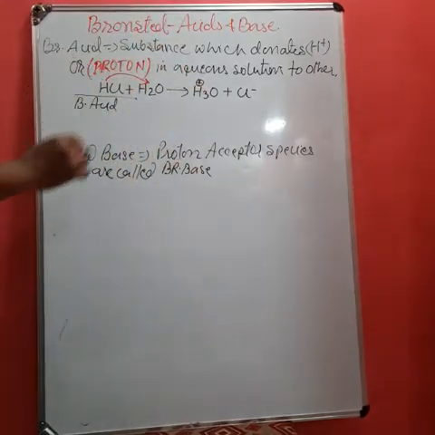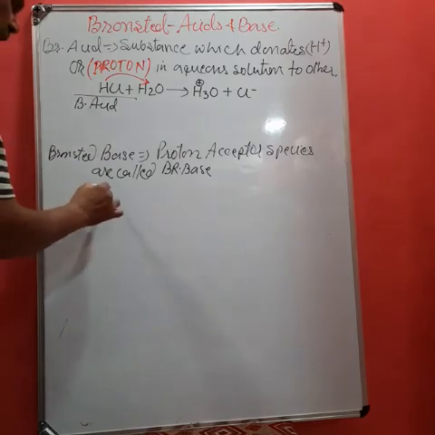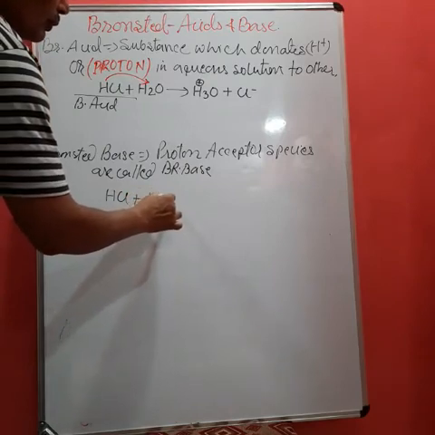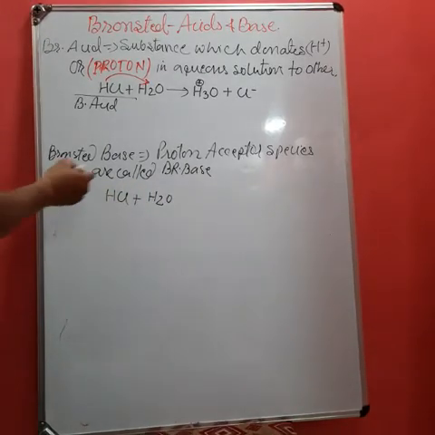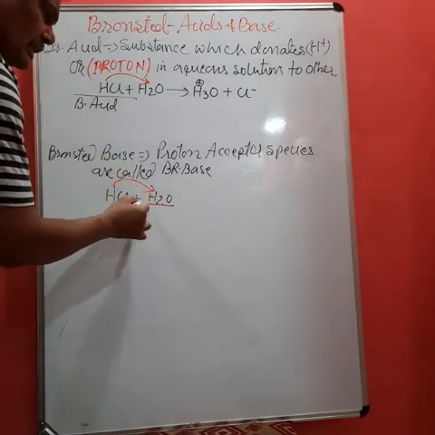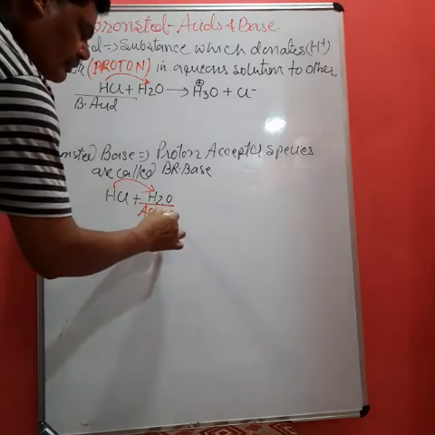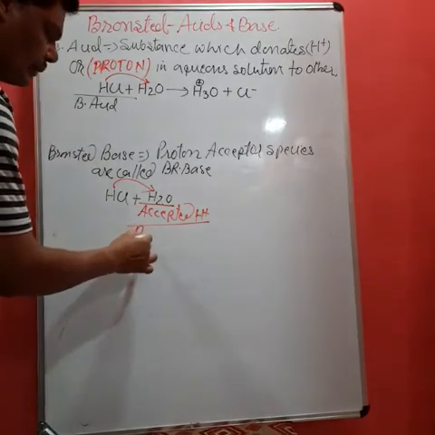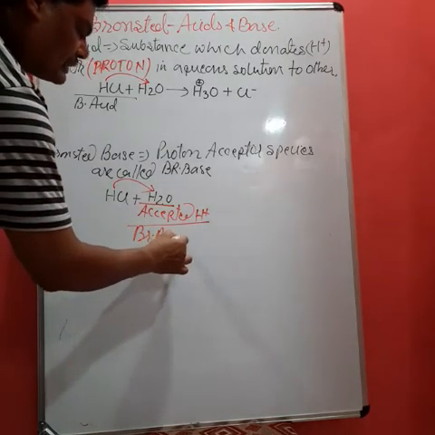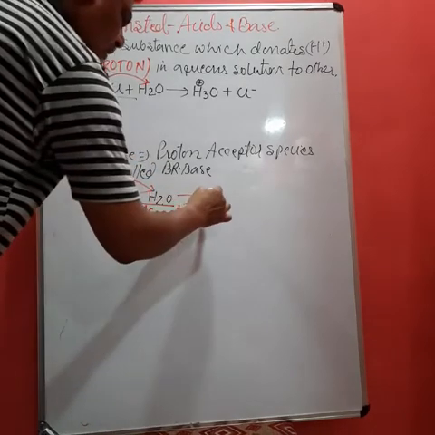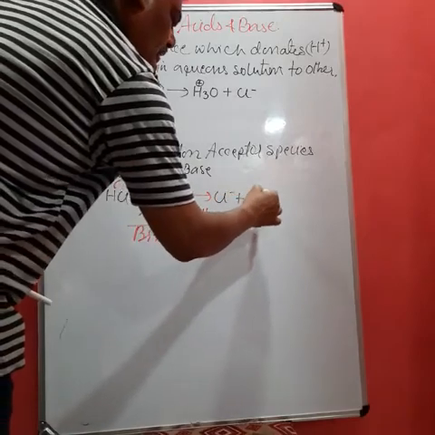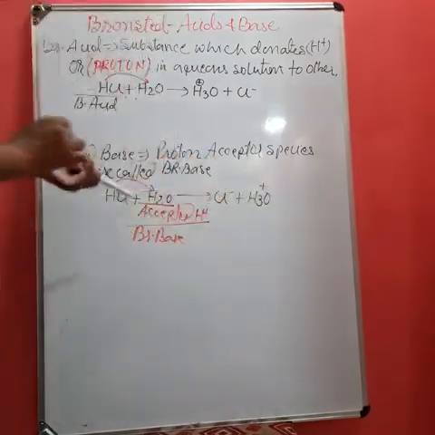Like here, in the same reaction, HCl plus H2O. The HCl donated its proton and H2O accepted the proton. That means it becomes a Bronsted base. And the reaction gives Cl anion plus H3O cation.